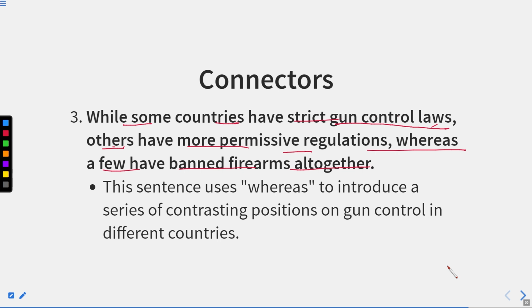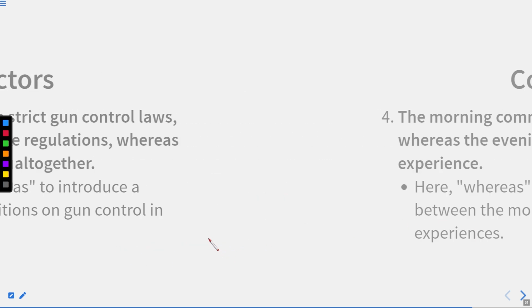Okay, it means there can be different positions in different countries. The sentence uses whereas to introduce a series of contrasting positions on gun control in different countries.